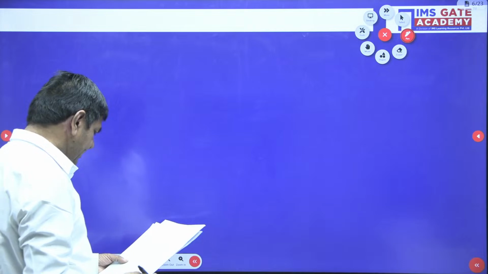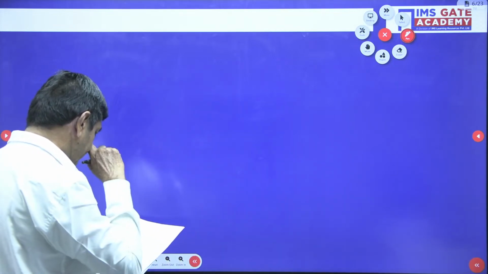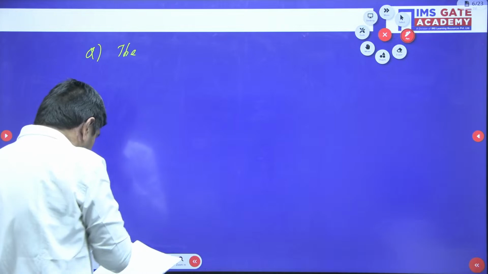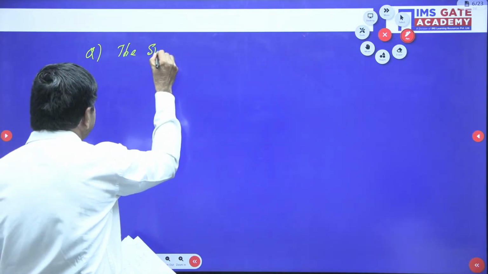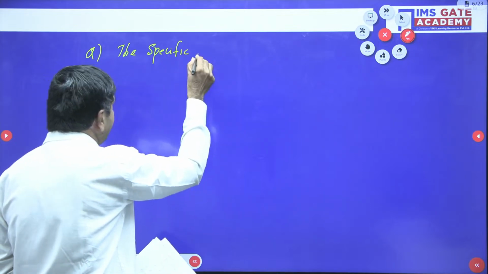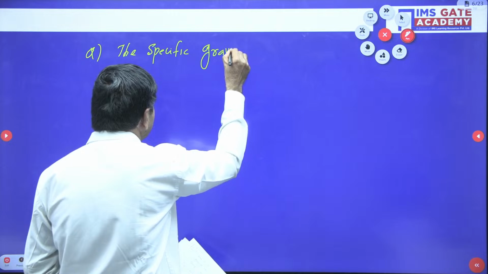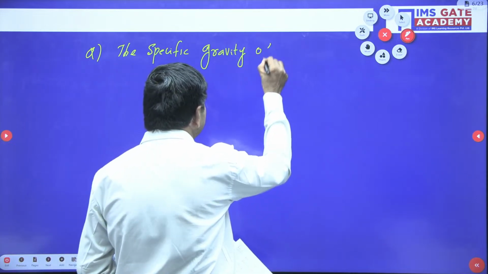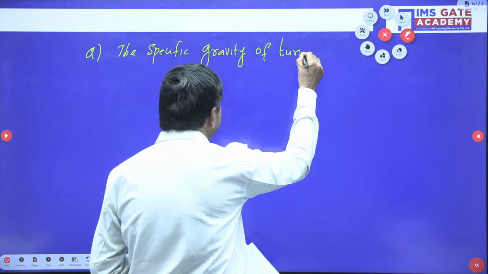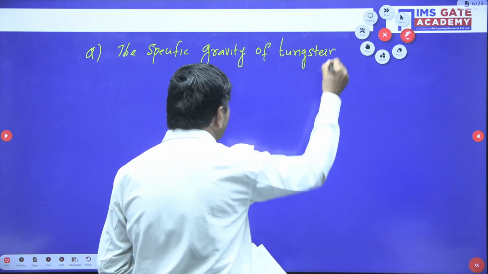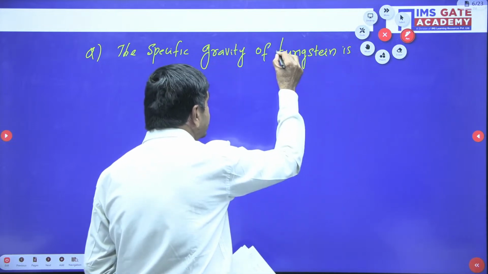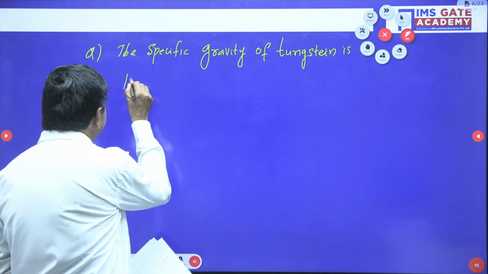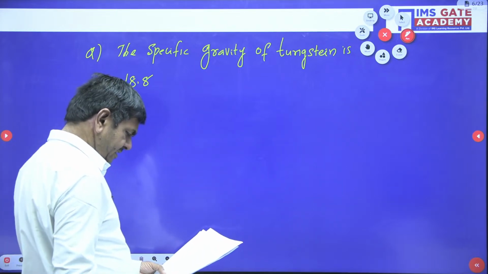Yes, next question. The specific gravity of tungsten, which is a conductor, is 18.8 grams per cm cube.